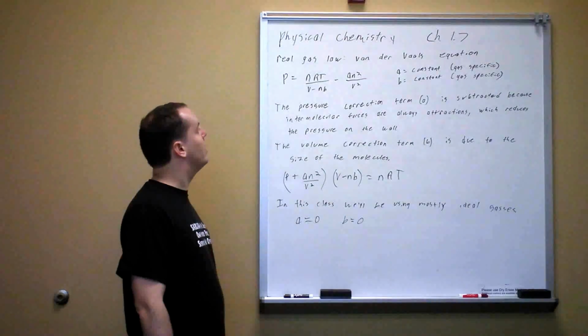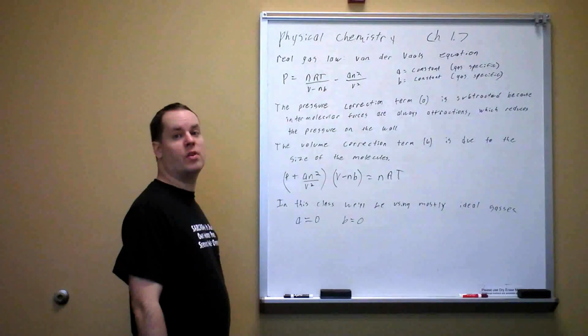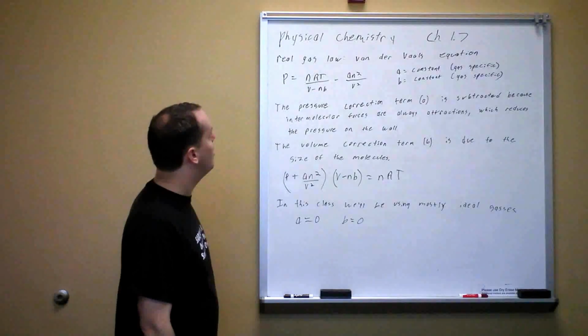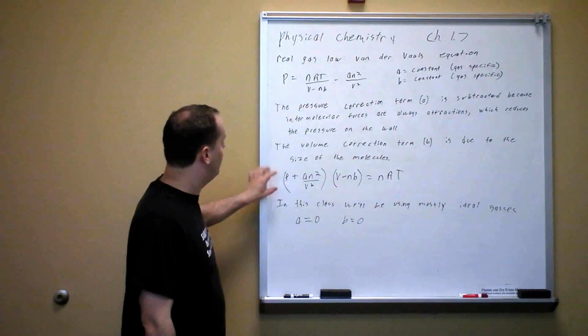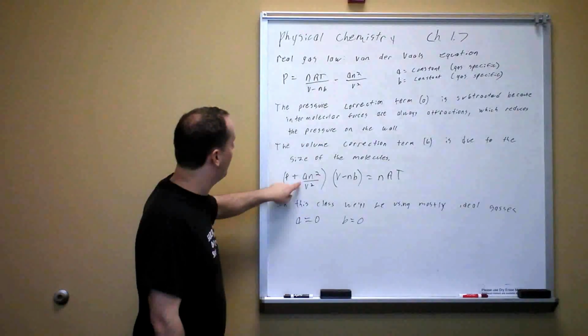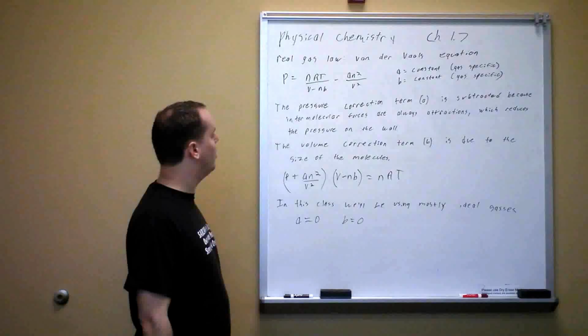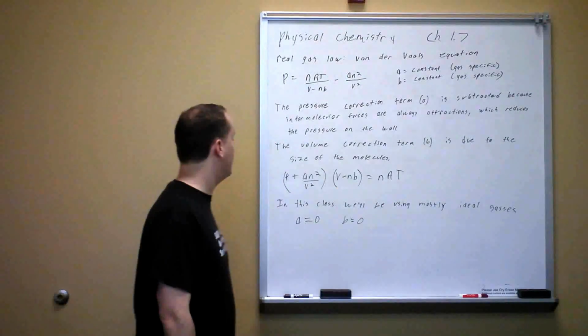Now, the b term is just a volume correction term, which compensates for the actual physical volume of the molecules. Now, rewriting it more like PV equals nRT, so this here is our pressure term with our a correction added in, and then this here is our volume term with the b correction subtracted out, but it's still equal to nRT.